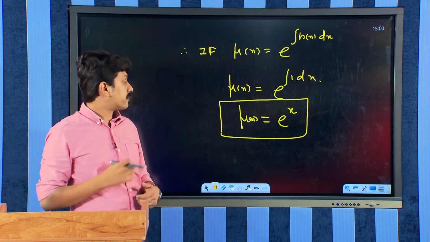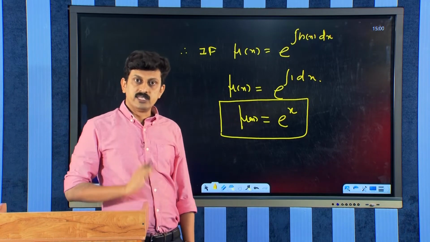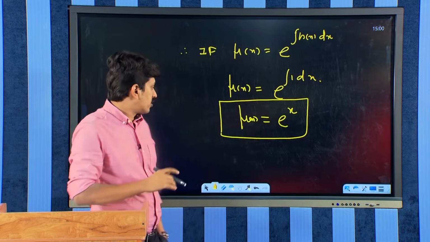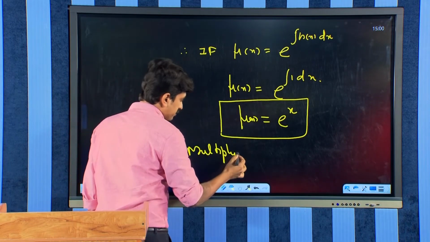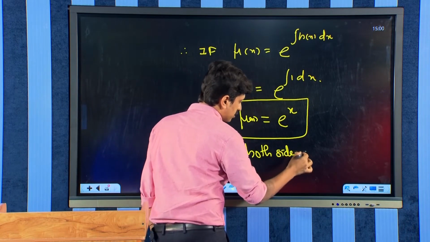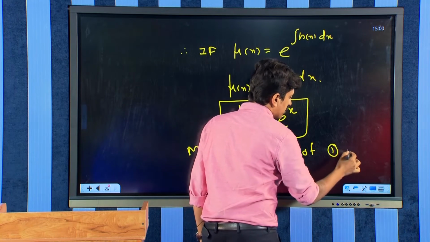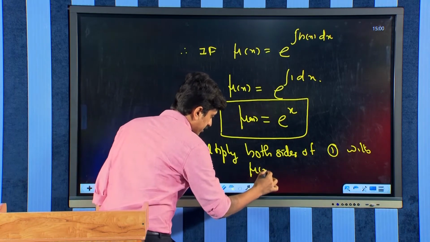The next step is that we have to multiply the integrating factor with the differential equation 1. So, multiply both sides of equation 1 with the integrating factor mu of x.